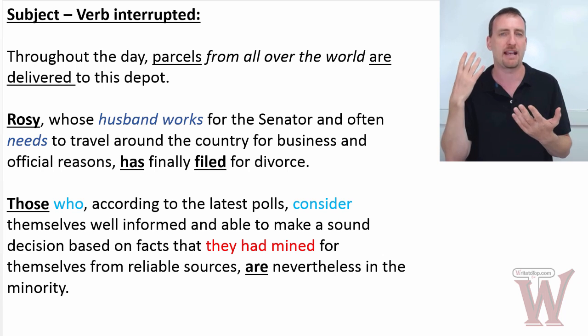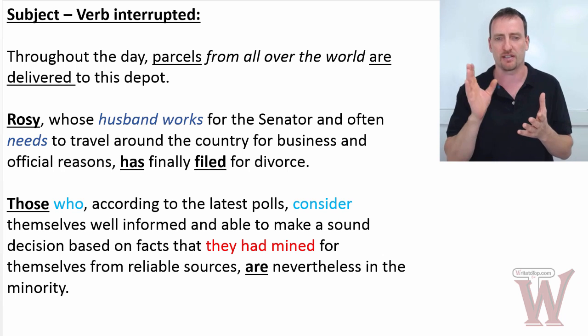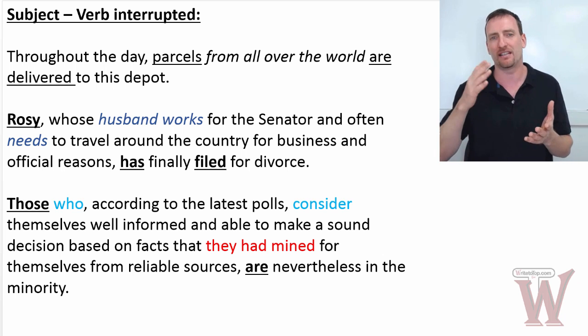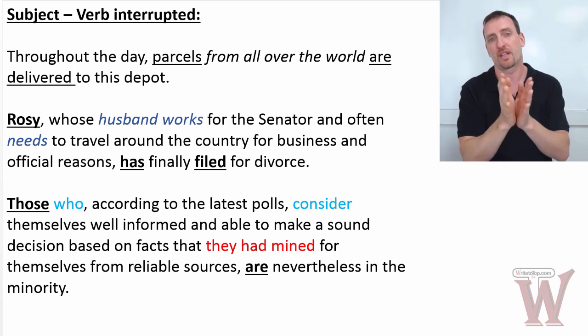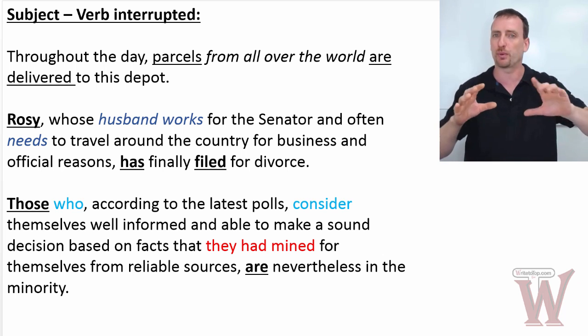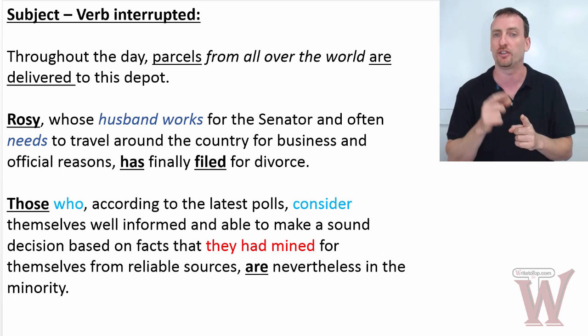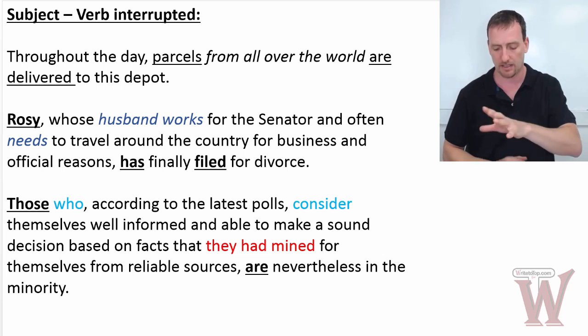Now, in this case, past perfect, you're not going to have an issue with number because he had, she had, it had, they had, we had, I had. All of them are going to be the same, but they still have to work together. And are goes with those. Far away, lots between, you still have to make sure they agree. Don't lose sight or don't lose focus of the subject and the verb.